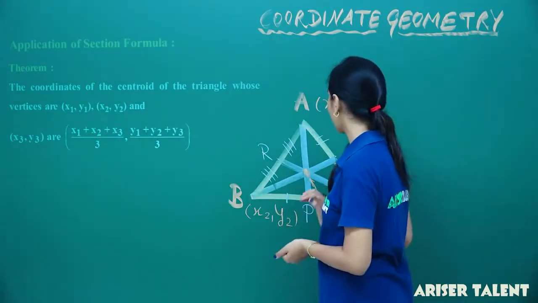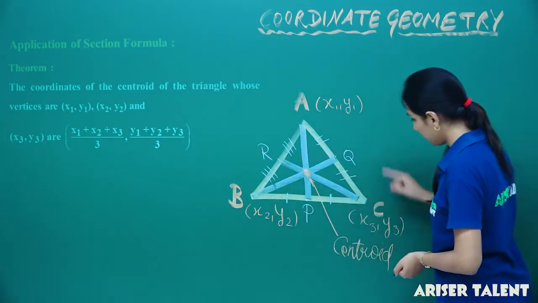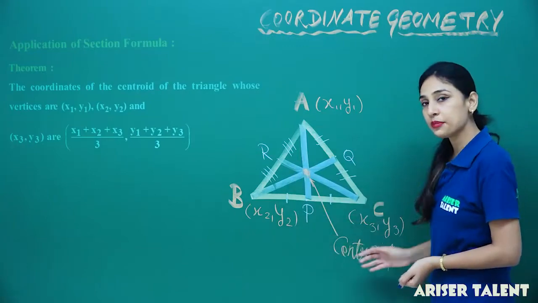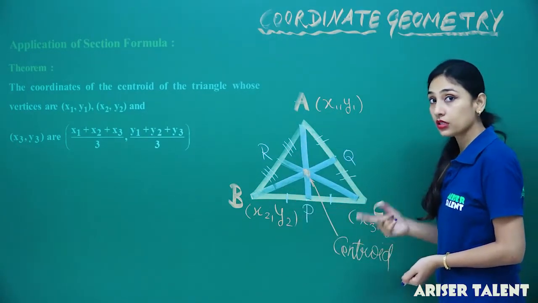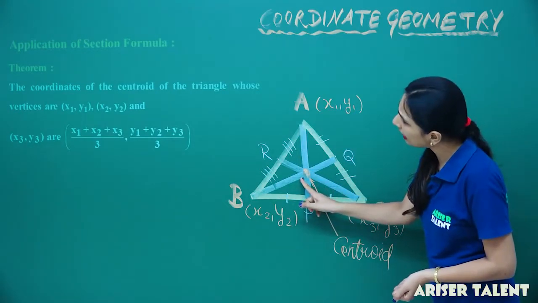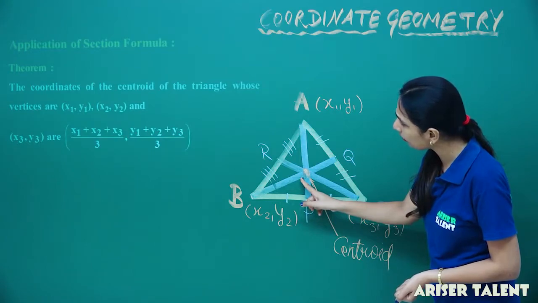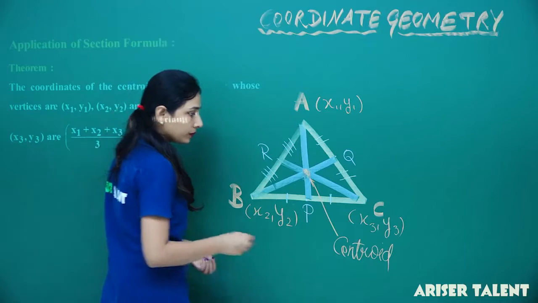Understood? Okay. So if these are the abscissas and the ordinates of points A, B and C, can I name the centroid O?